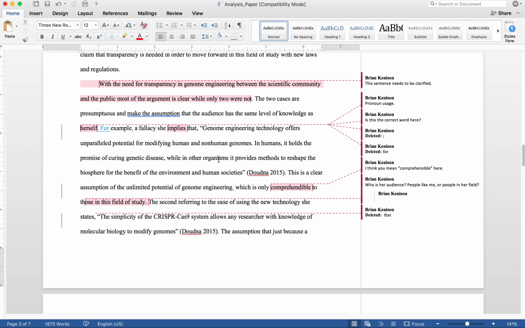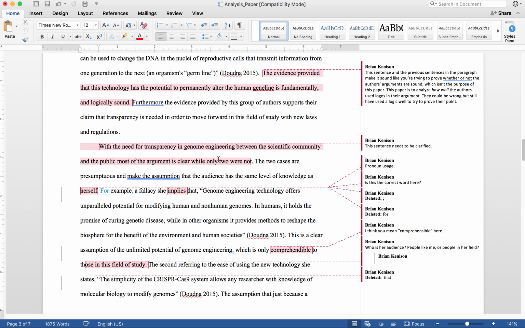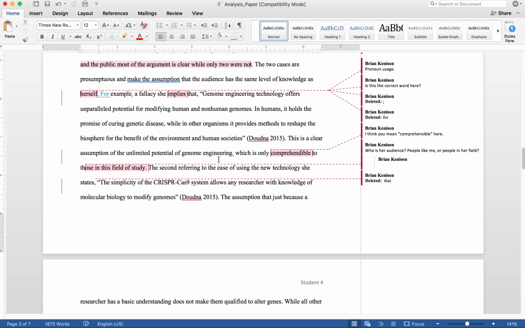Here, this paragraph, and again, this is where headings would be helpful, because I don't know exactly what we've moved into here, but it seems to be talking somewhat about fallacies, and then it's also talking about assumptions. And so I'm left unsure of exactly what's being argued here.